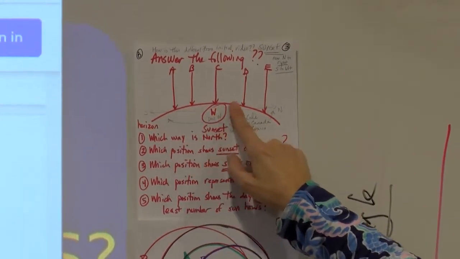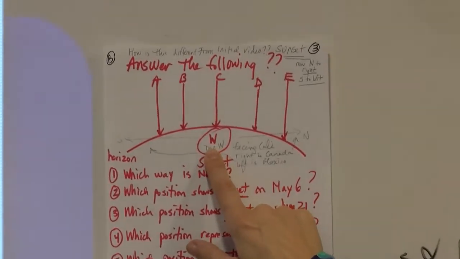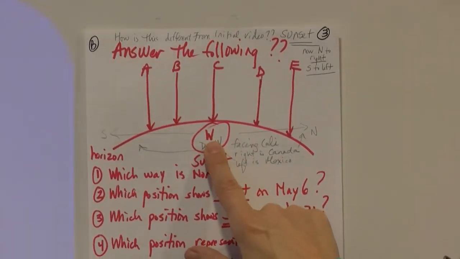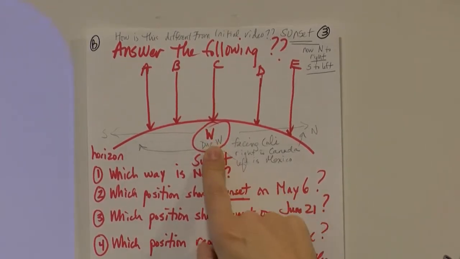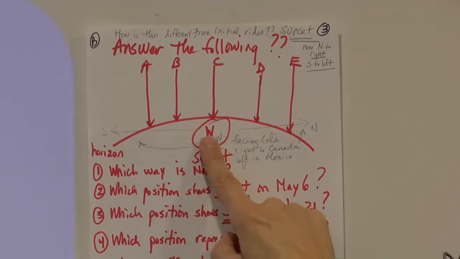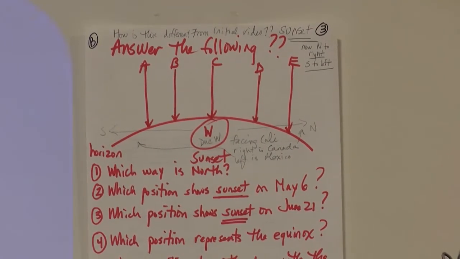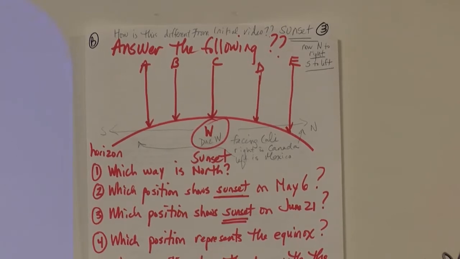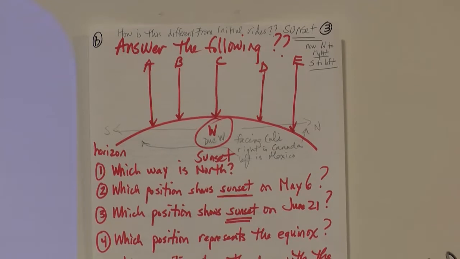Now, this is looking at sunset. The video we were looking at was sunrise, okay? Now we're facing west. We're facing California. If you're facing California west, is Canada to your right or is Mexico to your right?